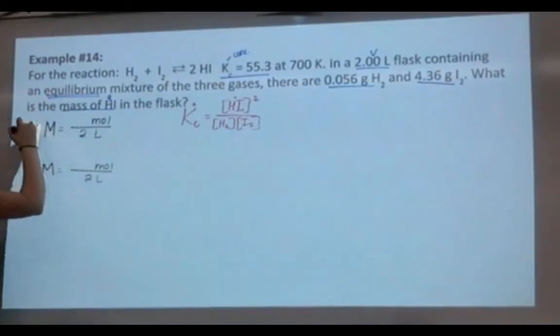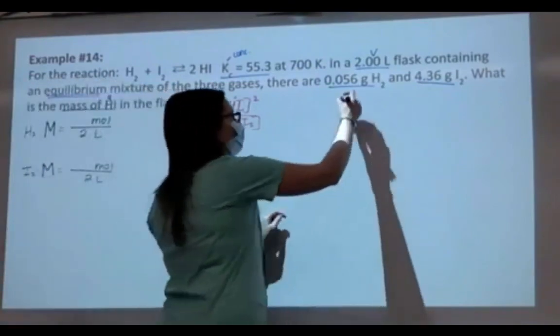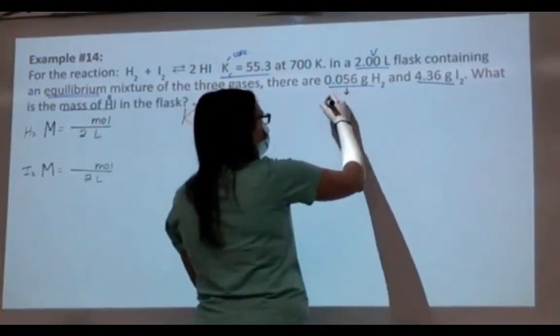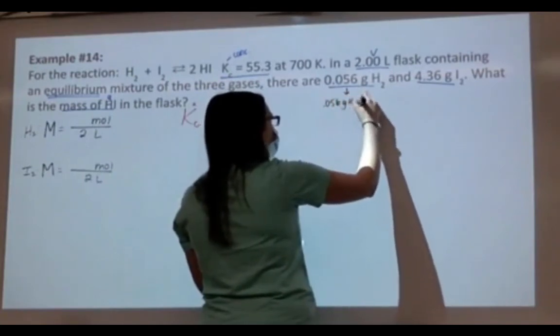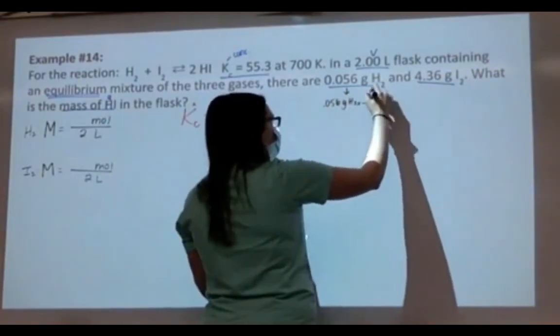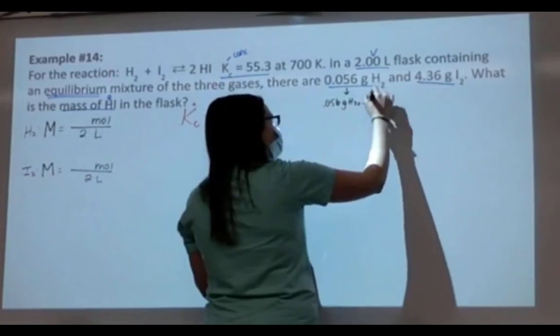So what I'm going to do here, I'm going to solve for the molarity of H2 and the molarity of I2. I need to know the number of moles. Here's where the conversion comes in. 0.056 grams of H2. I want to go from grams to moles.